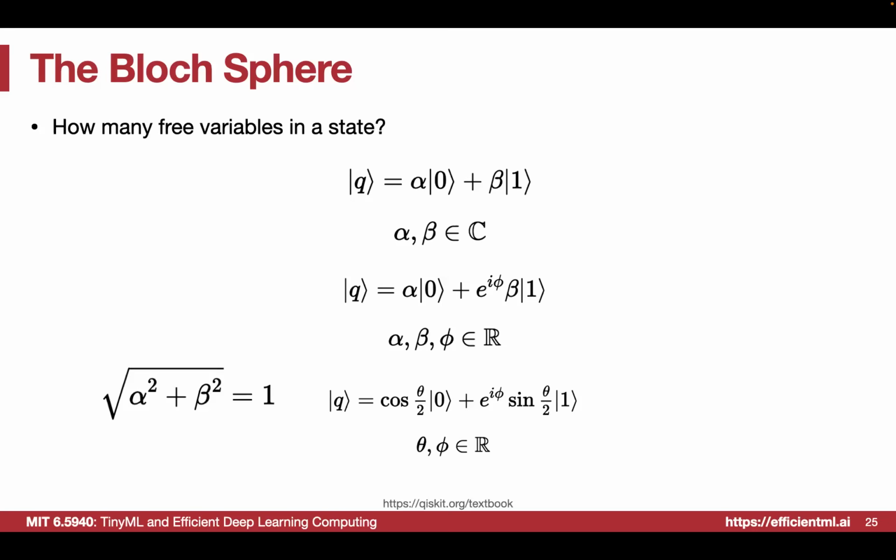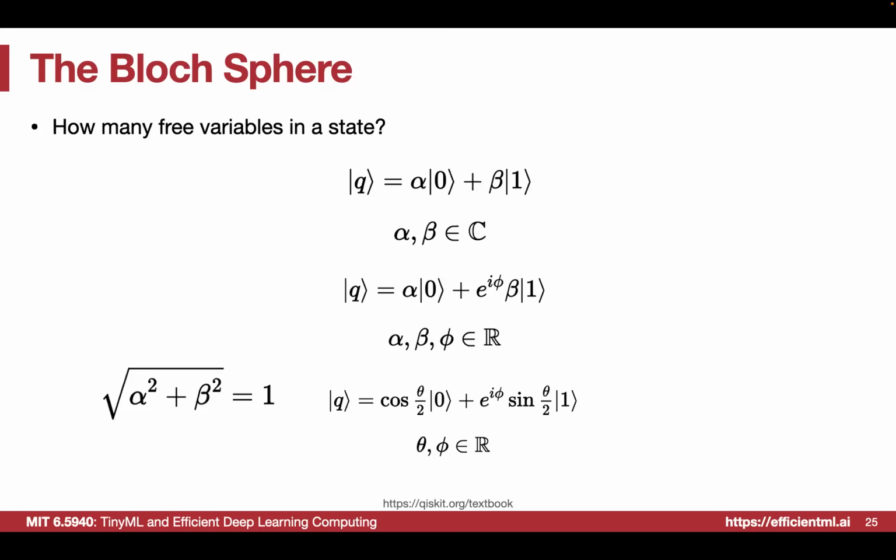Then we can extract the global phase and remove it, and then we can reduce alpha and beta to real numbers. We can use the polar representation, and because the global phase is removed, we only remain with 3 free dimensions, right?